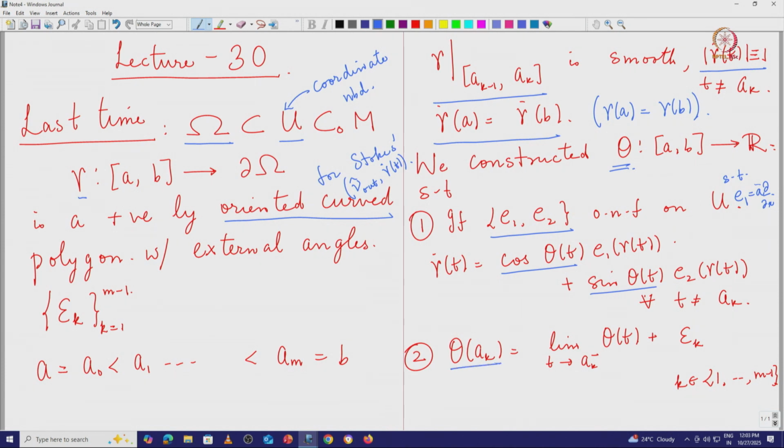And then we define theta of ak to be simply the limit as t approaches ak of theta of t, plus you have to correct for the external angle at that vertex. So k ranges from 1 to m minus 1, so these are all the vertices of the boundary polygon.